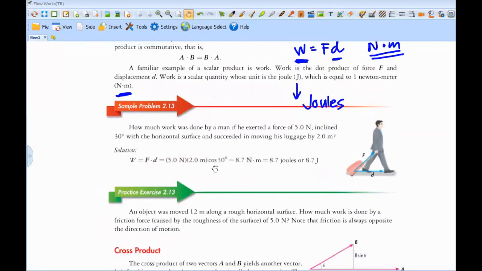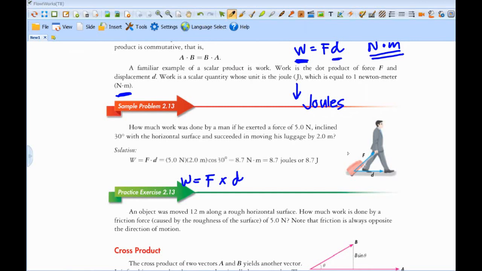Example: how much work was done by a man if he exerted a force of 5 newtons inclined 30 degrees with the horizontal surface and succeeded in moving his luggage by 2 meters? So it's very easy. Remember that work is equal to force multiplied by the distance.